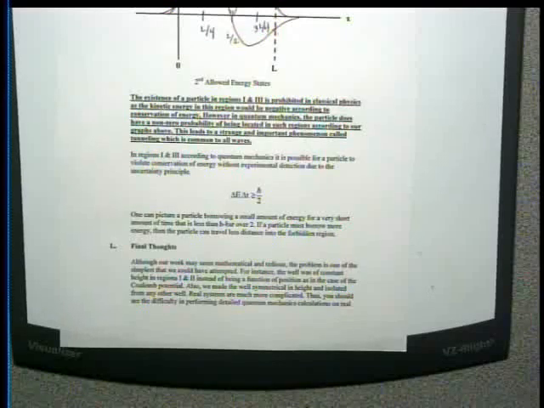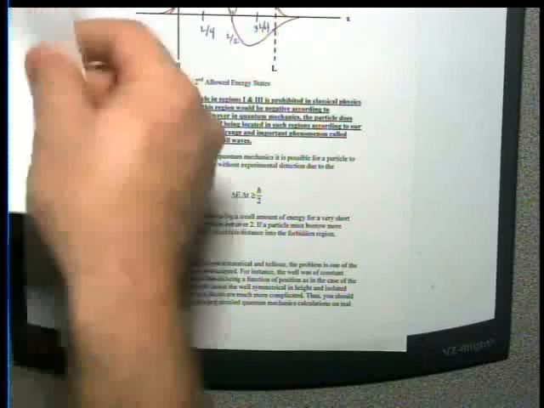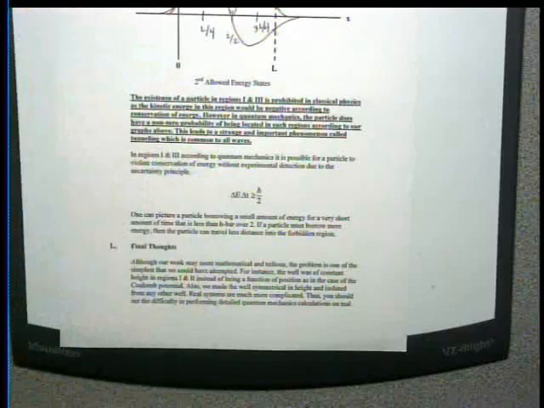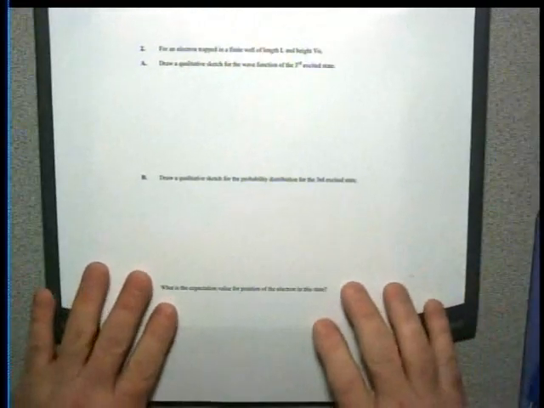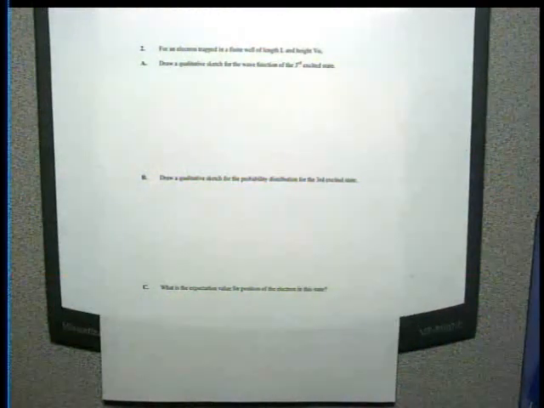All right, let's see. I think I had a problem on the finite well in your test your knowledge stuff. Problem 2 of the test your knowledge question says you have an electron trapped in a finite well of length L and height V naught.